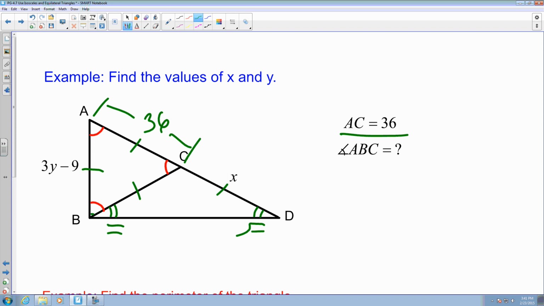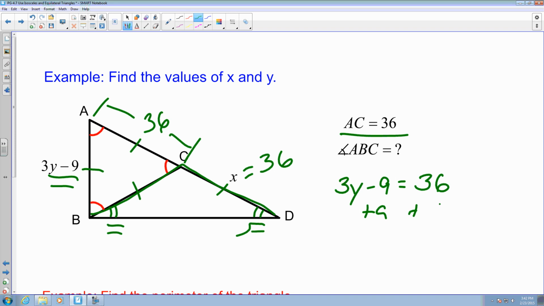So since this is the same as this, and I know that that is 36, that means x is going to be a value of 36 also. Looking at this value here of y, again, because it's an equilateral triangle, all I have to say is 3y minus 9 will be set equal to 36 because I know that's the value from AC and it is an equilateral triangle. So I add 9 to both sides.